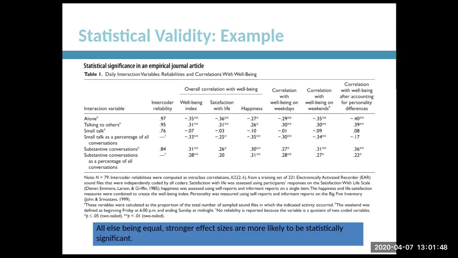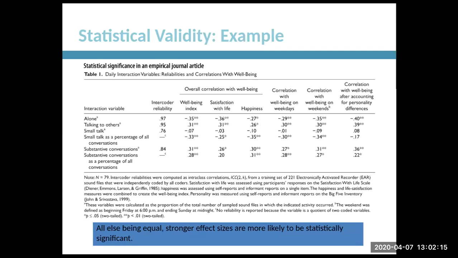Small talk at 0.76, iffy, but the rest are pretty good, 0.97, 0.95, 0.84. Well-being index, so how happy they are, satisfaction with life, happiness, and their correlation on weekdays, correlation on weekends, correlation for personality differences. So you're going to get an individual one. So each score that you see is the correlation directly between those two things.